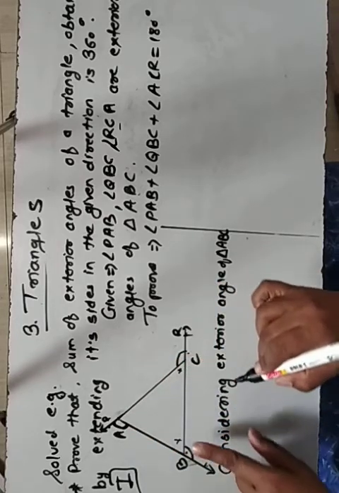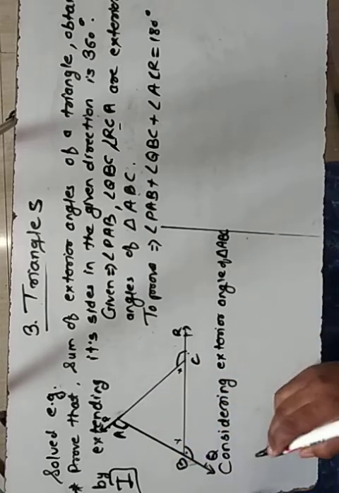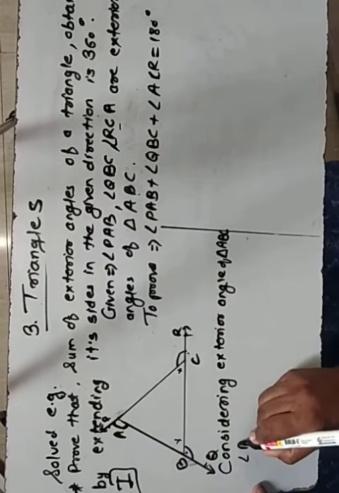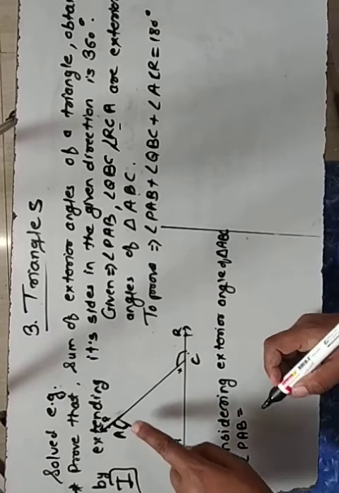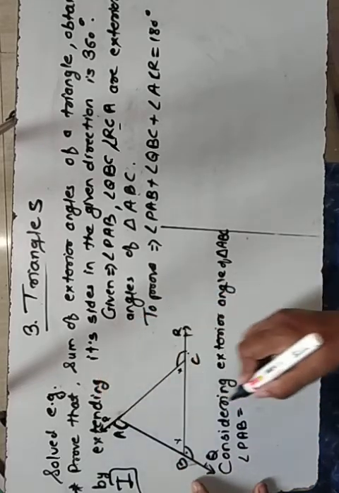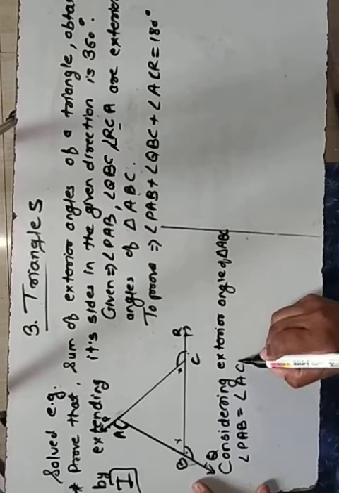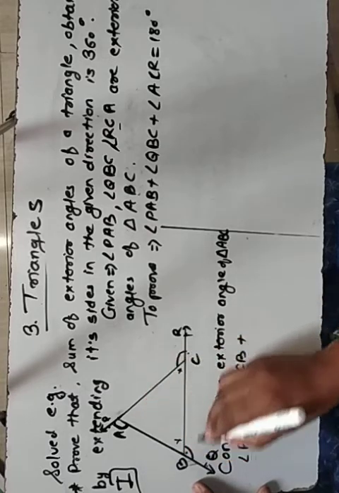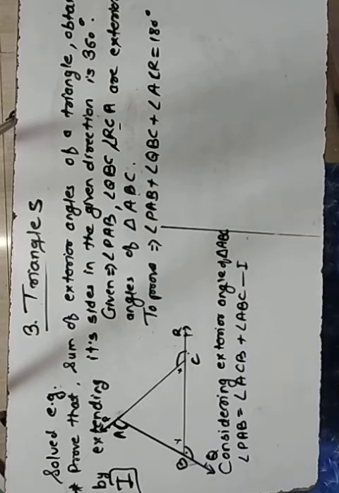So angle PAB is equal to angle ACB plus angle ABC. That is the first.